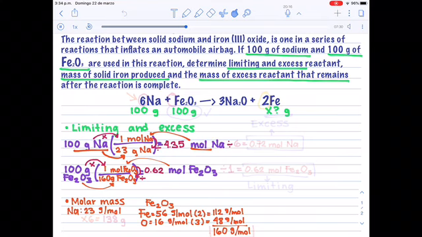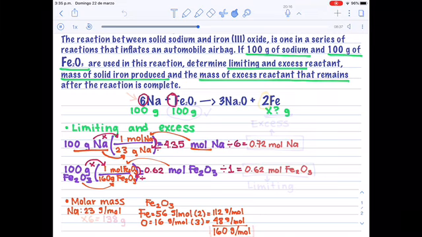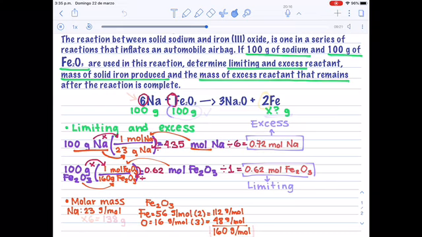In this case, sodium divided by 6, that gives us 0.72 moles of sodium. And iron 3 oxide divided by 1, which gives us 0.62 moles of iron 3 oxide. As 0.62 is smaller than the other one, that one is the limiting reactant, and the other one would be the excess. We would continue answering the problem, selecting the 100 grams that correspond to the limiting reactant.